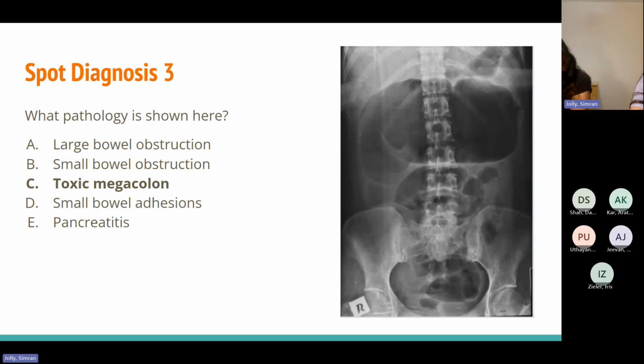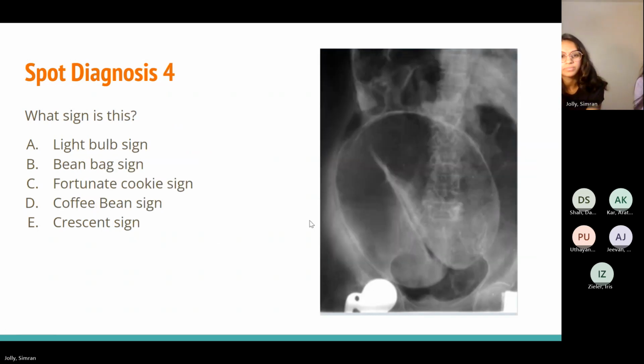So does anyone know what that could be? So it would be C. diff. C. diff is a really important cause of toxic megacolon, so it's just an important one to know.